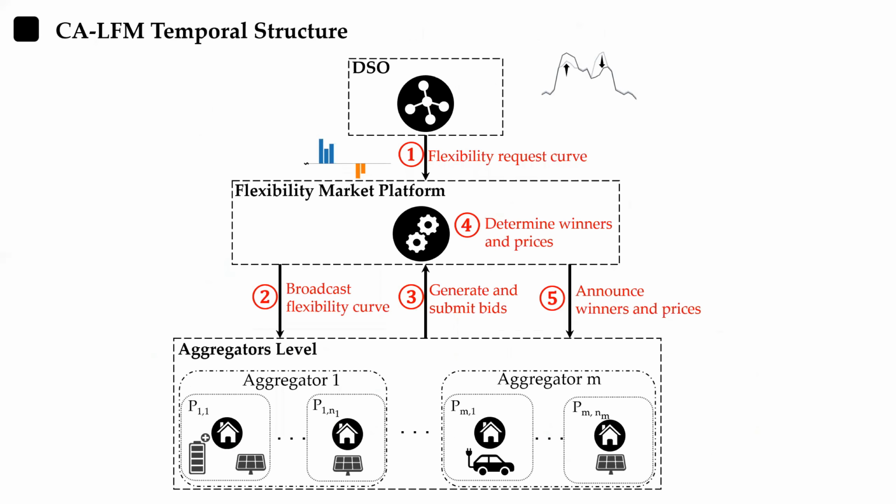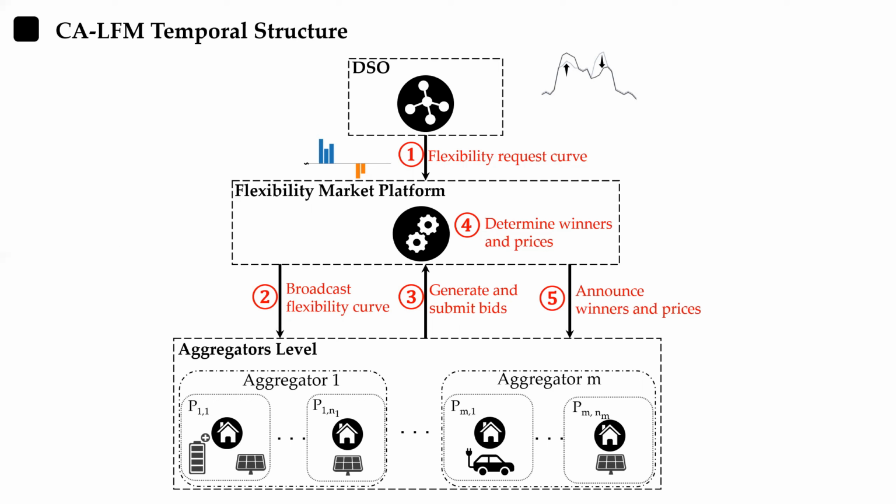So the temporal structure of the combinatorial auction local flexibility market can start with the DSO sending its flexibility need as a flexibility curve, requesting the market platform, which then broadcasts this flexibility request to the aggregators, and then the aggregators together with their prosumers submit their bundle bids.